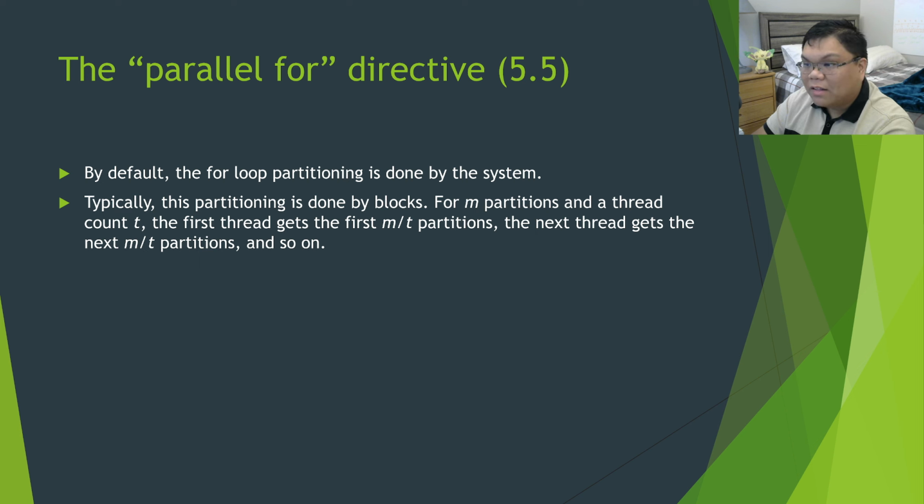This is the default partitioning that is typically done for most systems that implement OpenMP. This is a block partitioning. If you are absolutely sure that this partitioning is okay, say every for loop iteration roughly does the same amount of work, then you can just roll with this and it would be good.